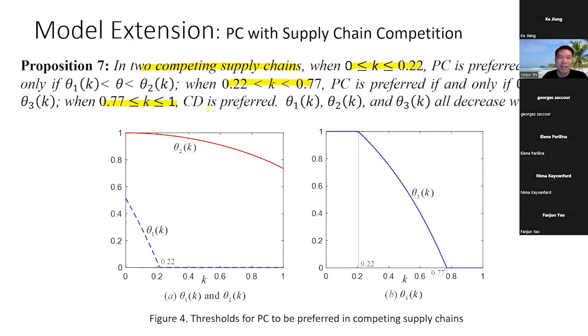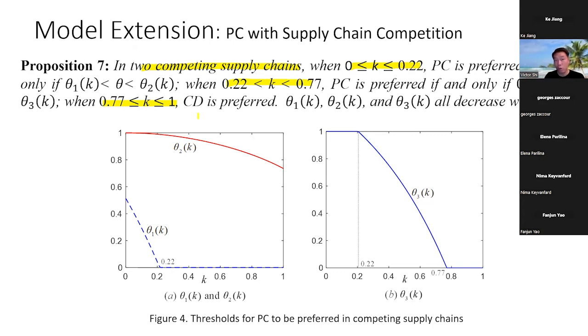So basically, when the competition level between the two supply chains is high enough, the biggest problem is that the products are similar enough that the two supply chains engage in a price war.